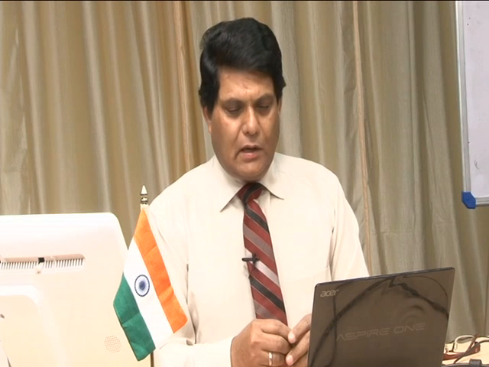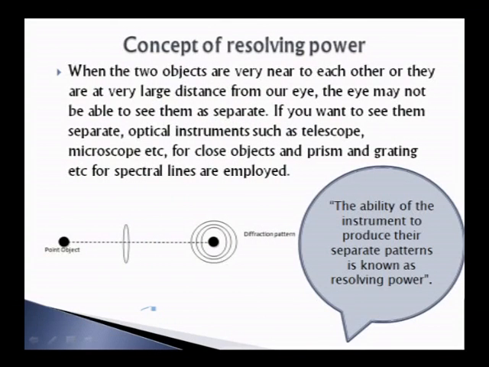Now, once again, maybe there is a gap, so I will just narrate the various concepts and phenomena related with the resolving power. Resolving power means the ability of an instrument to show two closely lying objects, whether far or near, separately.